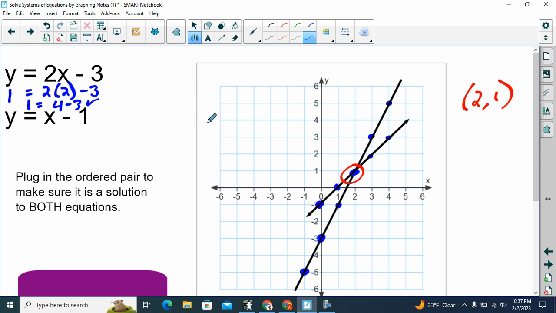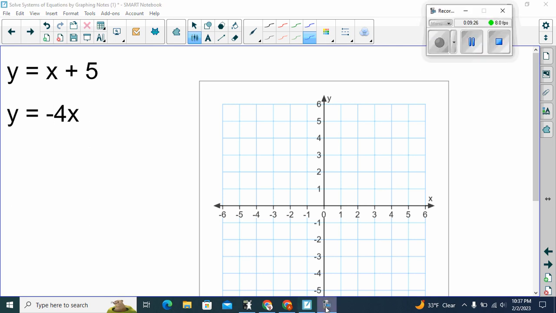It works in the first equation. It has to work in all of them. If I put in 2 for x here, it says 1 equals 2 minus 1. That's also true. Our solution is correct.